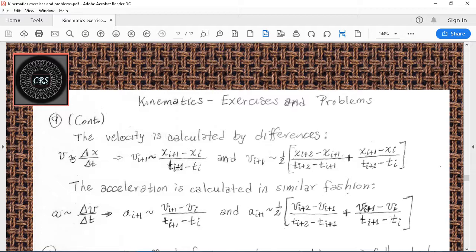We have that v is approximately equal to delta x over delta t, so that any given value v(i+1) will be equal to x(i+1) minus x(i) over t(i+1) minus t(i), or can also be calculated as v(i+1) approximately equal to 1/2 of the sum of the ratios x(i+2) minus x(i+1) over t(i+2) minus t(i+1) and x(i+1) minus x(i) over t(i+1) minus t(i).